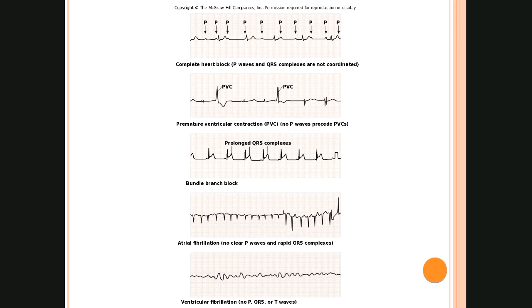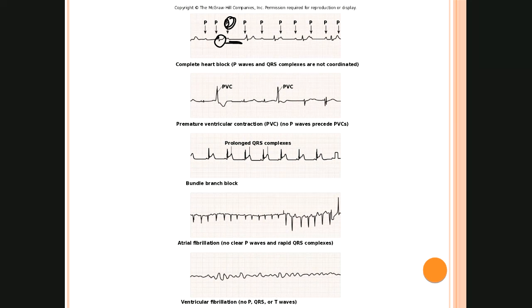This is showing you a normal EKG right there. Oh, sorry, that's heart block, because you can see this is one QRS curve, then there's nothing happening, meaning there's something preventing or delaying the passage from the P curve, the atria, into the ventricle.